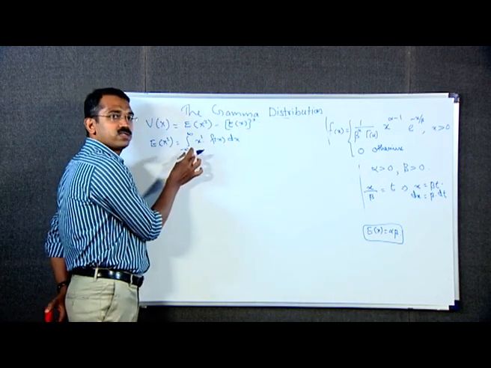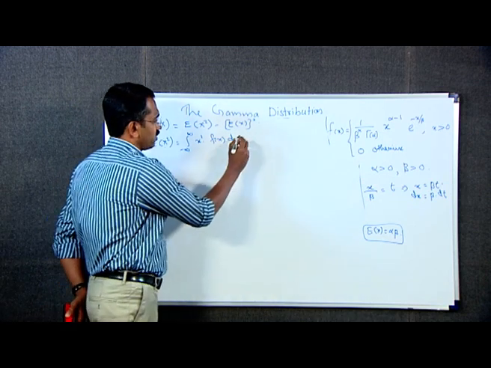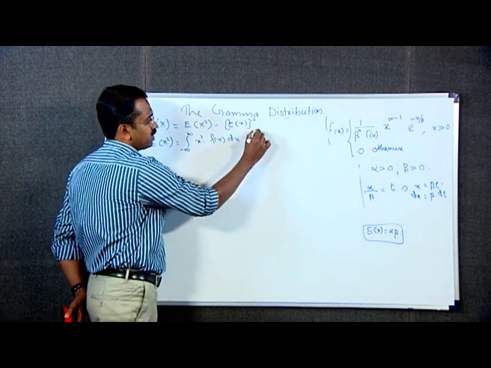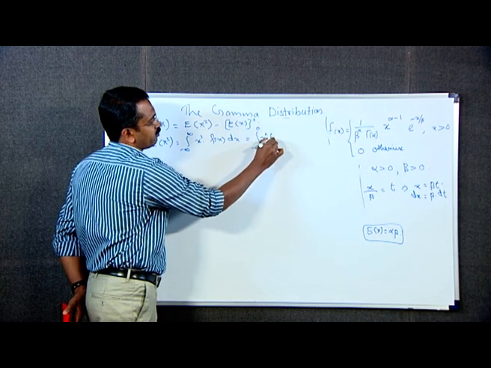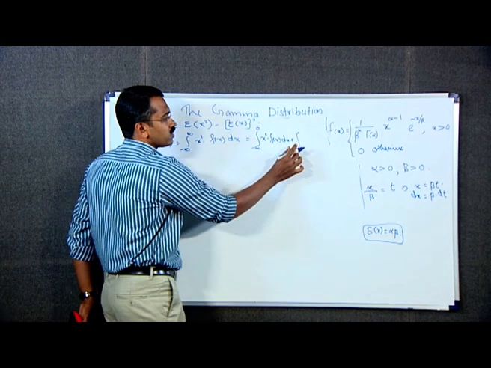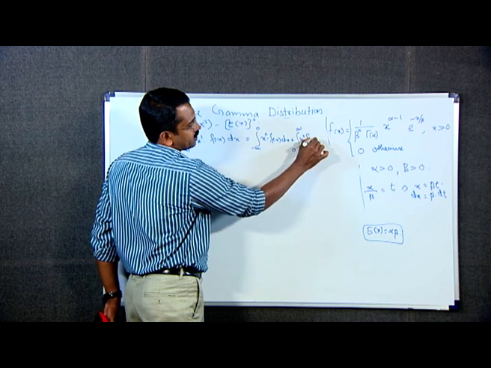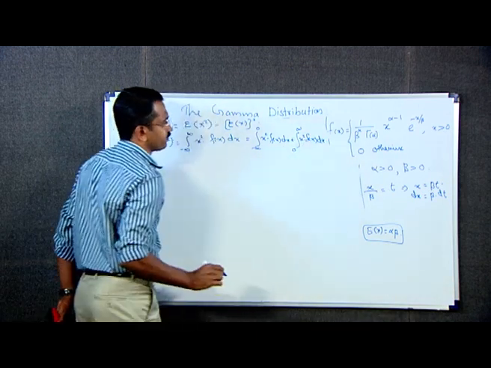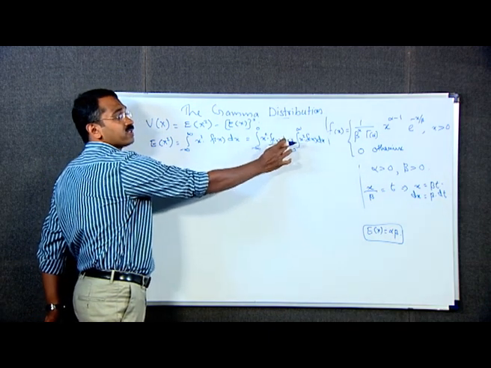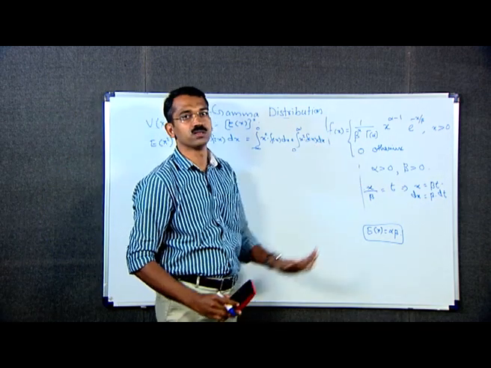We split this integral from minus infinity to infinity into two integrals as integral from minus infinity to 0 x square into f of x dx plus integral from 0 to infinity x square into f of x dx. In this case, when the variation of x is less than 0, the function f of x is defined as 0.